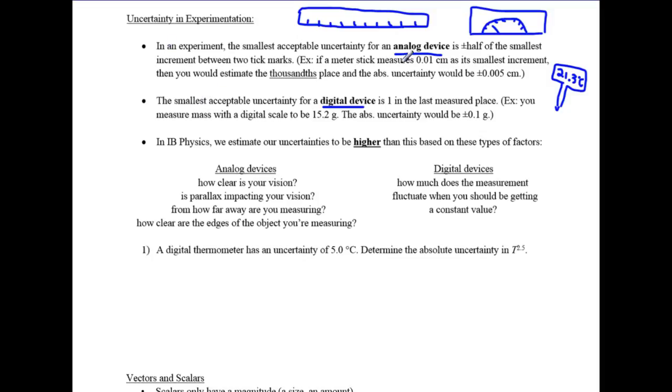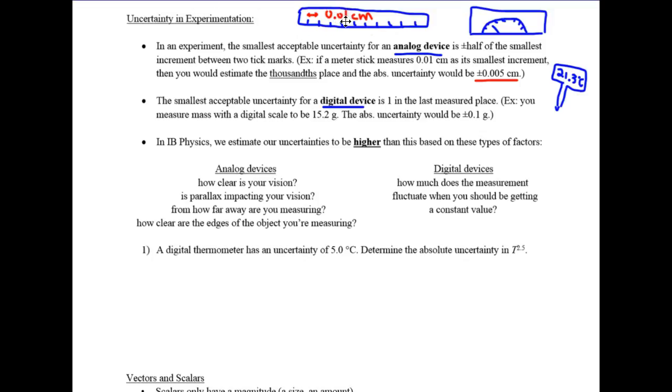There's a rule for analog devices. The smallest acceptable uncertainty is half of the smallest increment. So if two tick marks are separated by 0.01 centimeters, then the smallest acceptable uncertainty for that analog device is half of 0.01, or plus or minus 0.005.